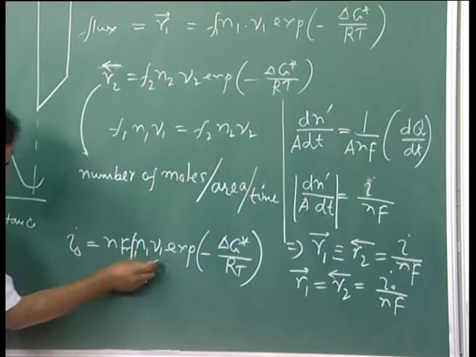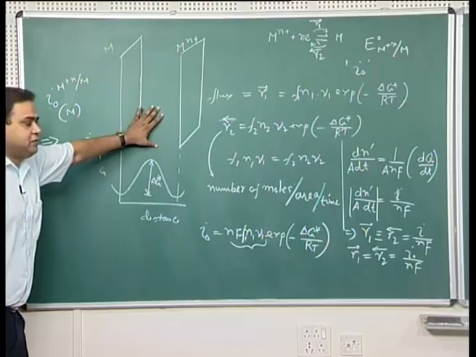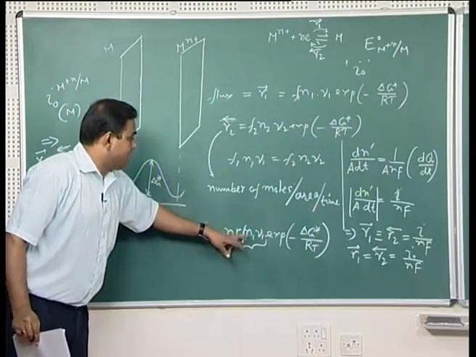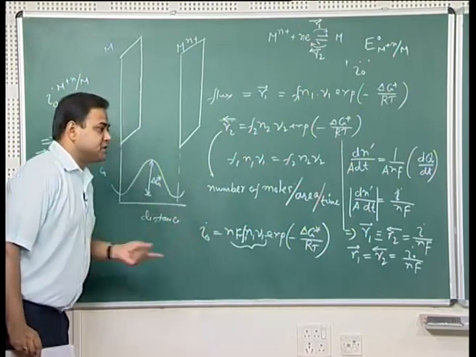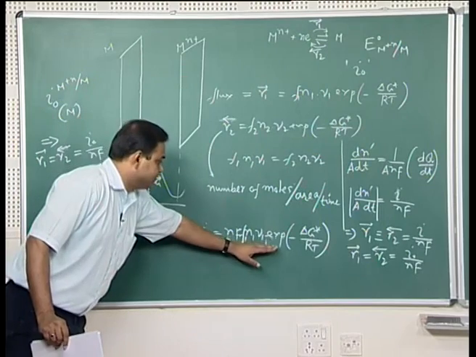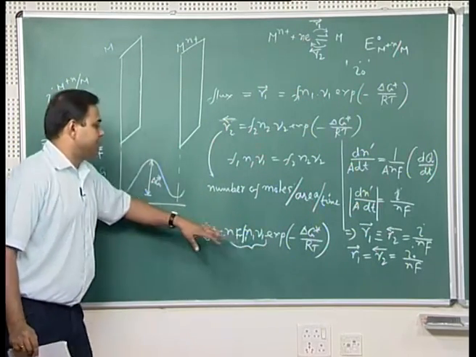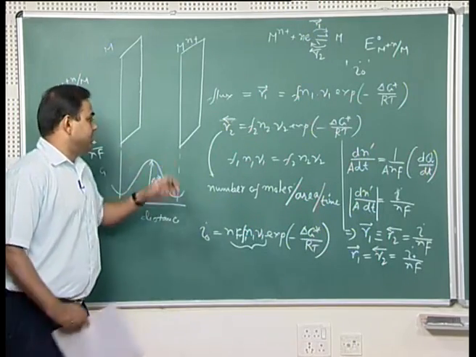And if you see, this term is basically fixed for this case, because N and F are both constant for this particular reaction, and we have already seen that this value does not change much, so with a reasonable assumption we can say that F1, N1, nu 1 are fixed values in this case.